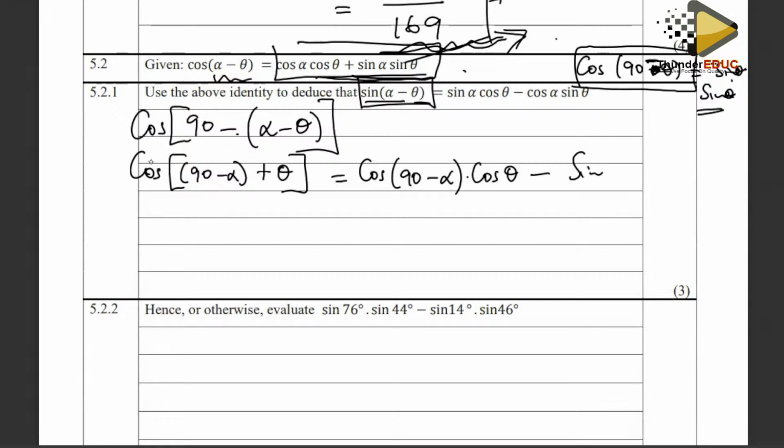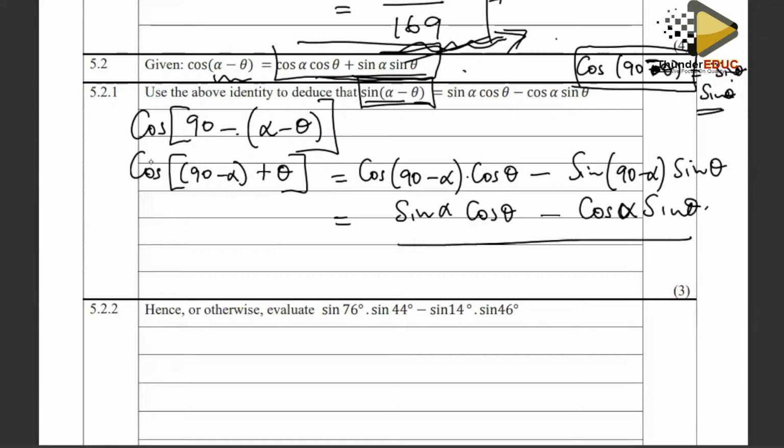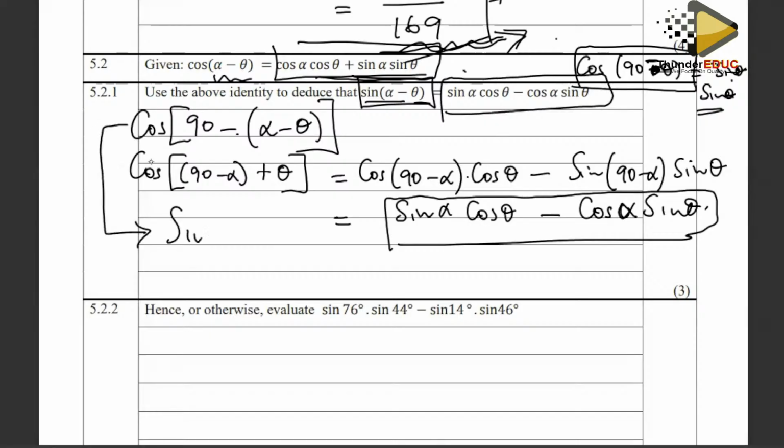So the sine of 90 minus alpha multiplied by the sine of theta. So compound angles, cos of 90 minus alpha gives us a sine of alpha times cos of theta, minus sine of 90 minus alpha, that's going to be cos of alpha, times the sine of theta. So this is basically what we have here. But remember we said this gives us the sine of alpha minus theta if you reduce the complementary angles.